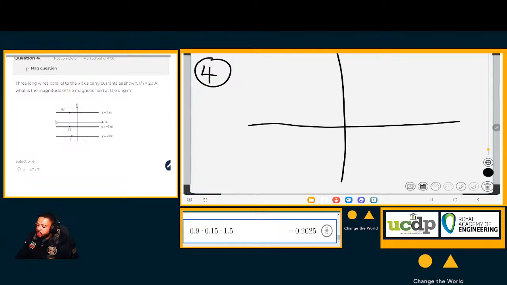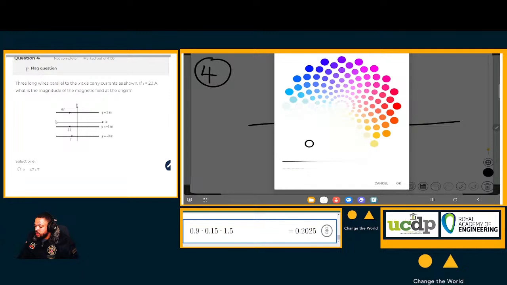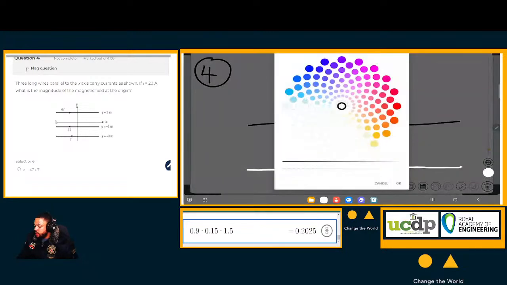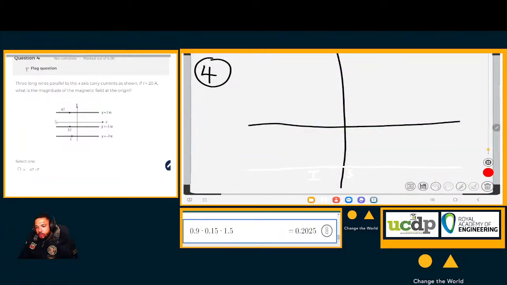So here we have the axis. Then at a distance of 3 meters away, we have a current carrying conductor, and it carries a current of I. Then at a distance of 1 meter away, a conductor carries a current of 3I.